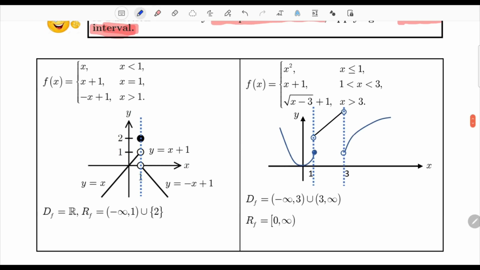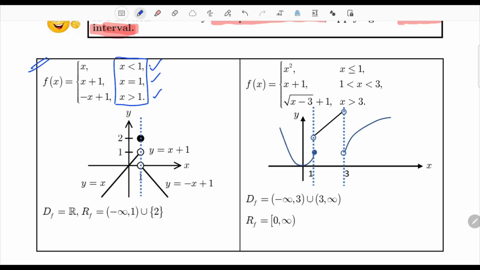So the first example, let's say you have f(x) equal to x when x less than 1, x plus 1 when x equal to 1, and negative x plus 1 when x greater than 1. So we are going to focus on the interval given. So there are 3 sections: before 1, at 1, after 1.